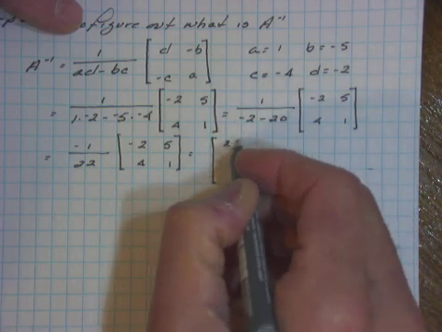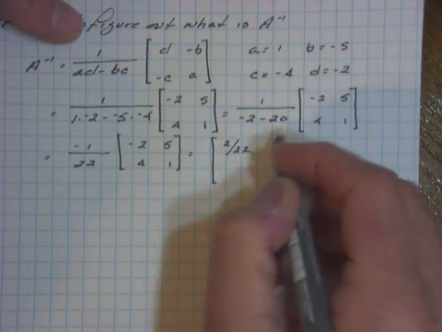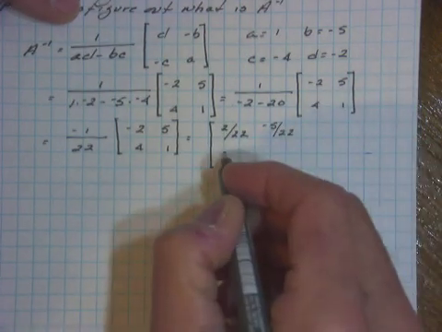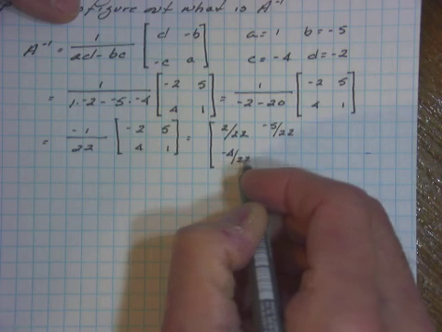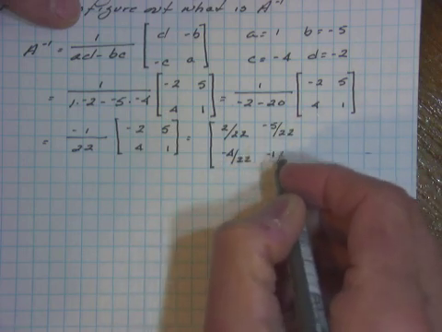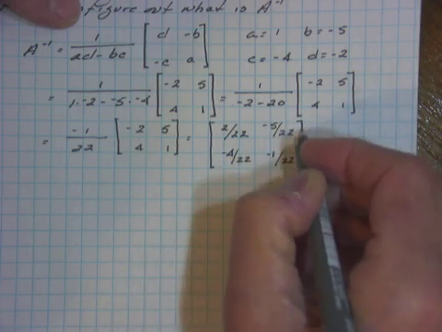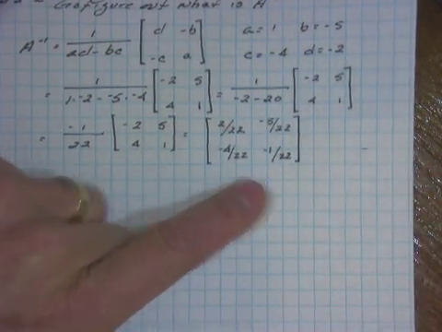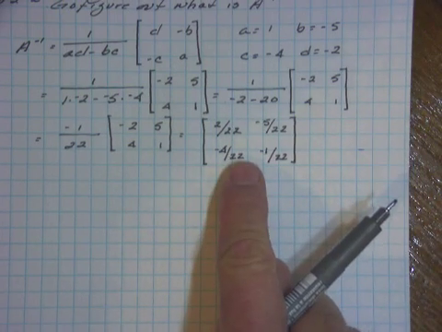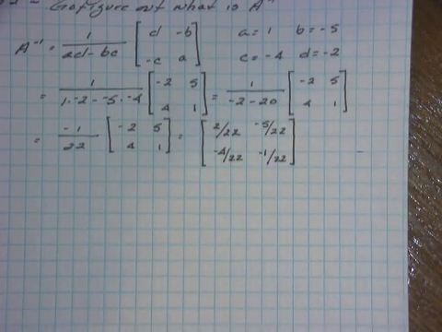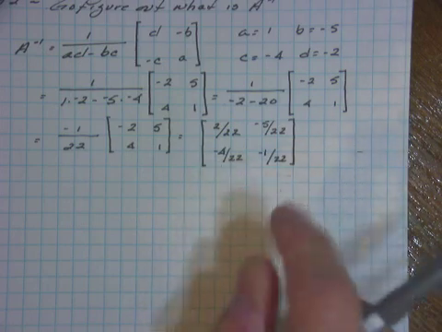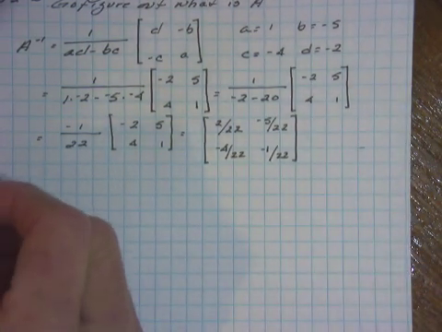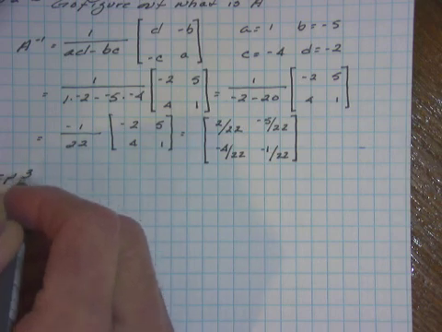So my final inverse matrix is 2 over 22, -5 over 22, -4 over 22, and -1 over 22. All right, for right now, I see no reason to change these to smaller versions of equivalent fractions. I'm going to leave them the way they are, because who knows, I may want them all to have the same denominator later.